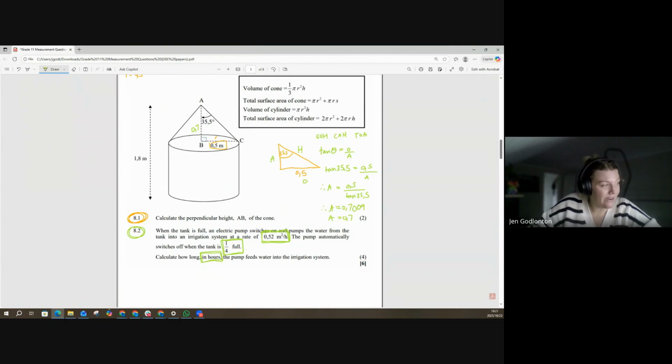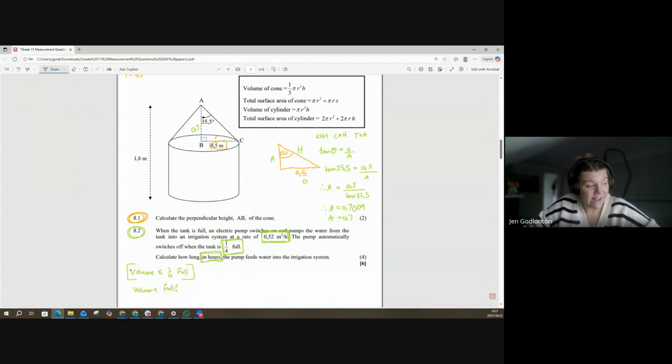So we care about when our volume is a quarter full. So if I was trying to figure out when my volume was a quarter full, it might help me to first know what my volume would be if it was full. So what's my volume if it's full?